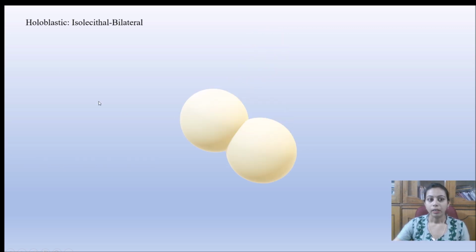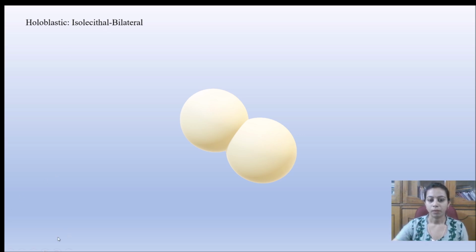Now finally comes the holoblastic isolecithal but bilateral cleavage. What does it mean? We know bilateral means our right hand side and our left hand side. So here also each and every cell will divide towards its left hand side and its right hand side.